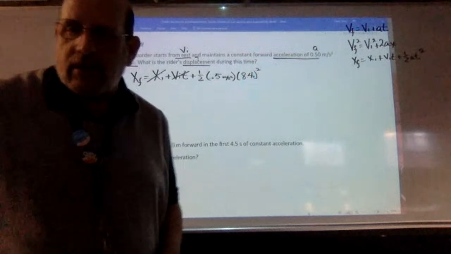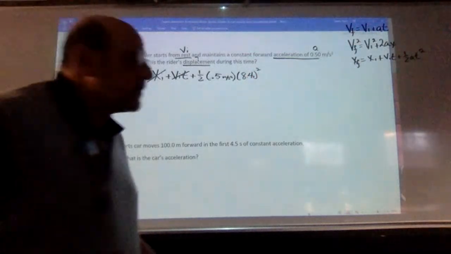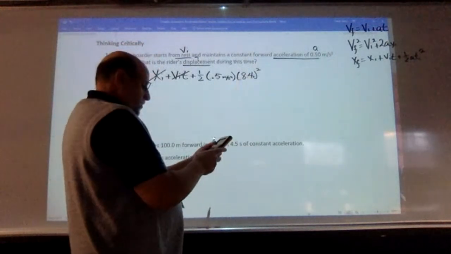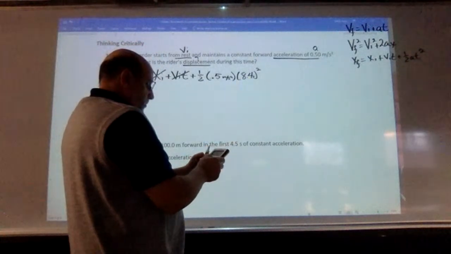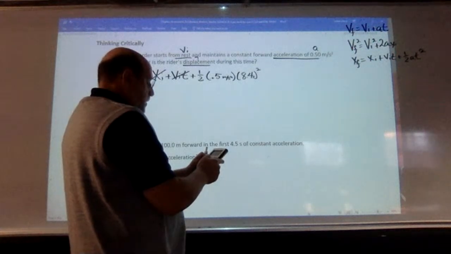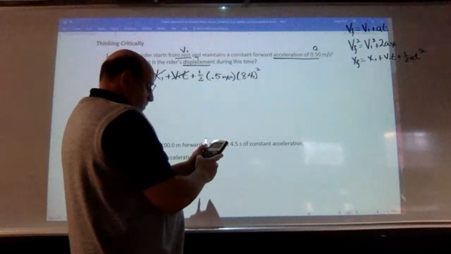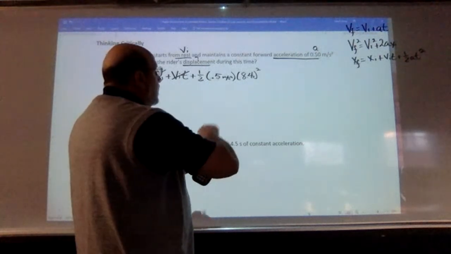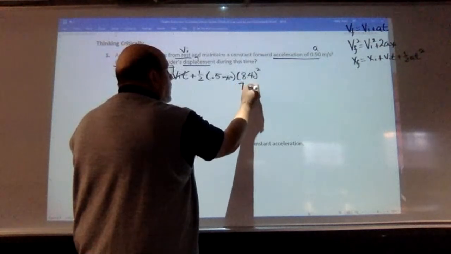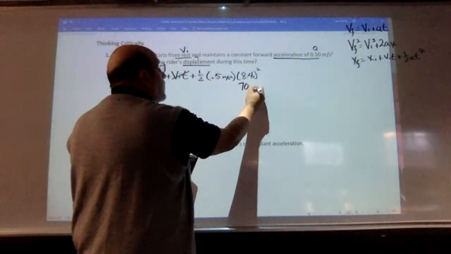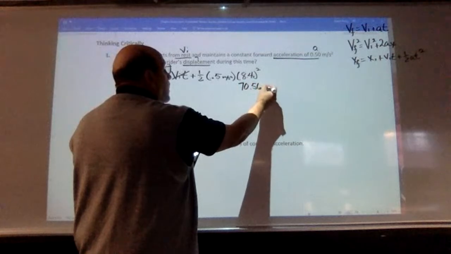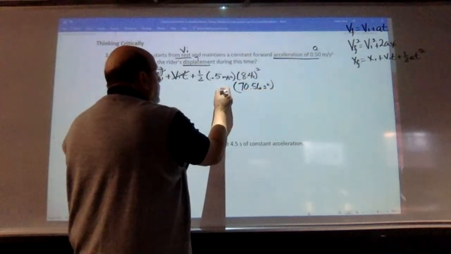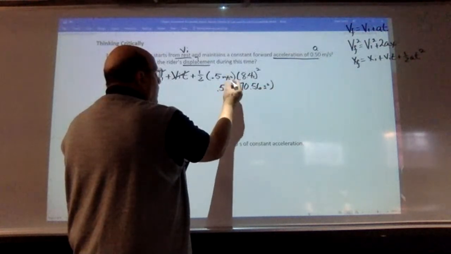I'm going to grab a calculator, which is right here. You're going to see what happens when I square this. So I'm going to do it really slow. 8.4 squared gives me 70.56 seconds squared, times 1/2 times another 1/2.